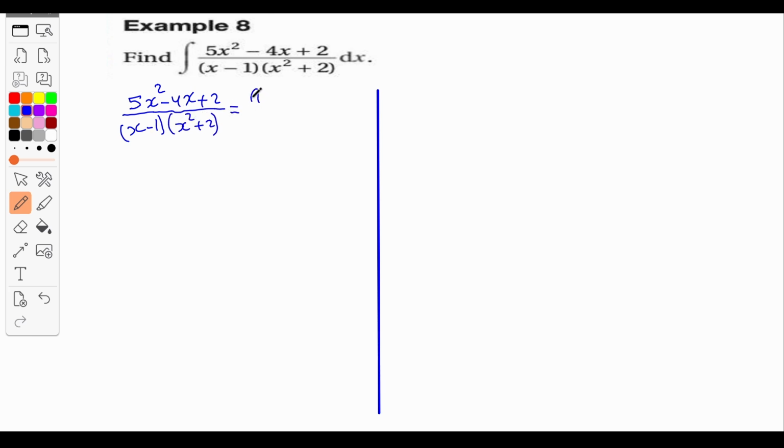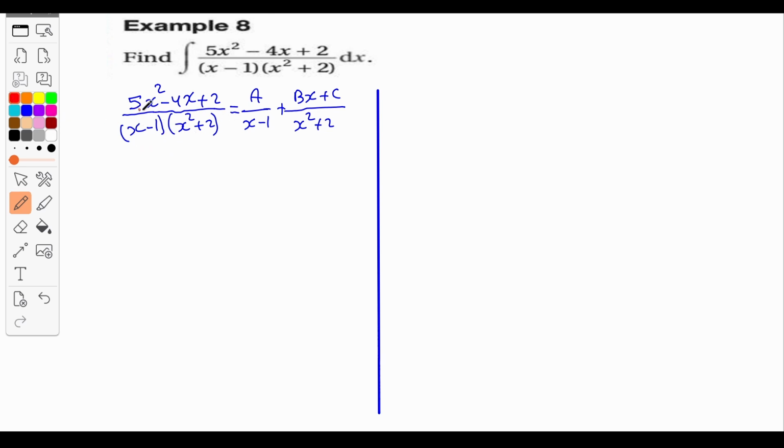That will be a over the first quantity x minus 1 plus this second quantity here x squared plus 2. On the top must be written as bx plus c all over x squared plus 2. Again, as we did in the previous one, we need to multiply all by this quantity in the denominator. Once you do this, the denominator will be what?